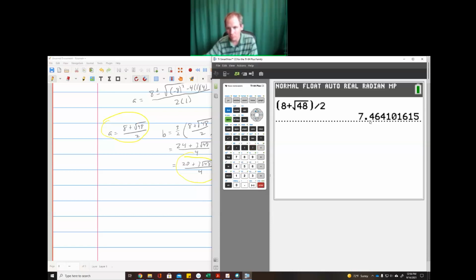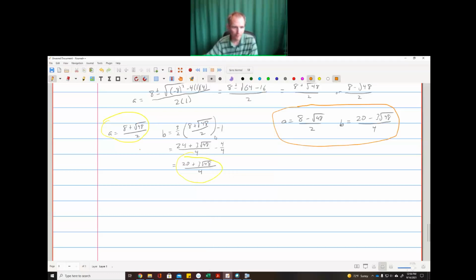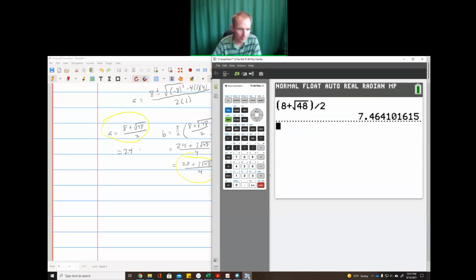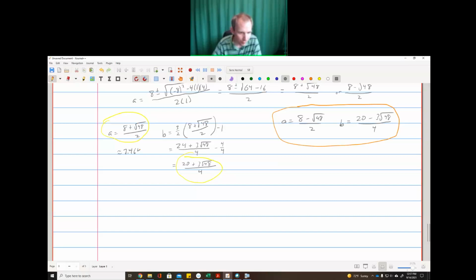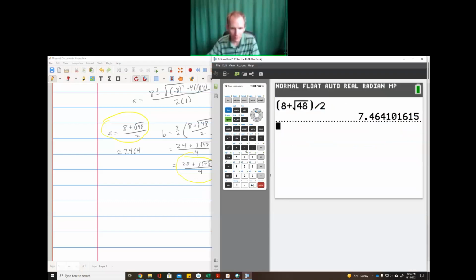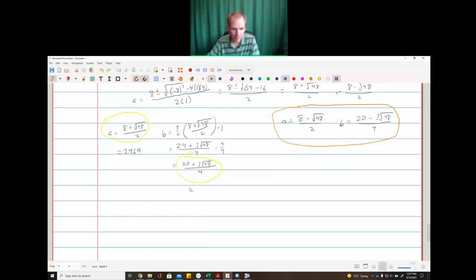That's approximately 7.464. And then for my b value, we had 20 plus 3 times the square root of 48 divided by 4. That's 10.196 approximately.